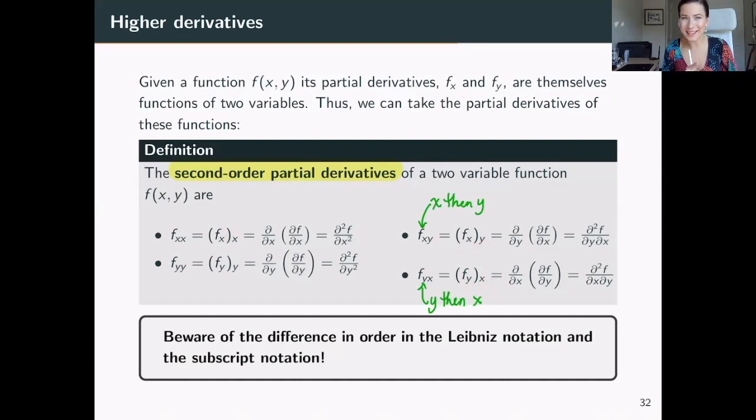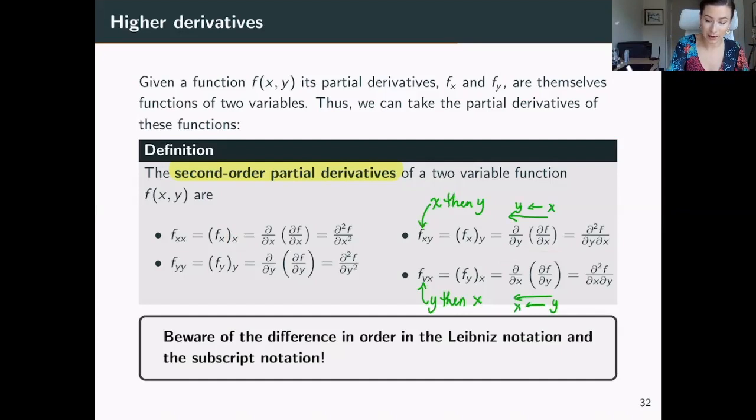This can get confusing when we switch back and forth between the partial notation and the Leibniz notation, because it's backwards. If I want to read the Leibniz notation, it reads from right to left. So here, I take x and then I take y, versus here, I do y and then I take x.